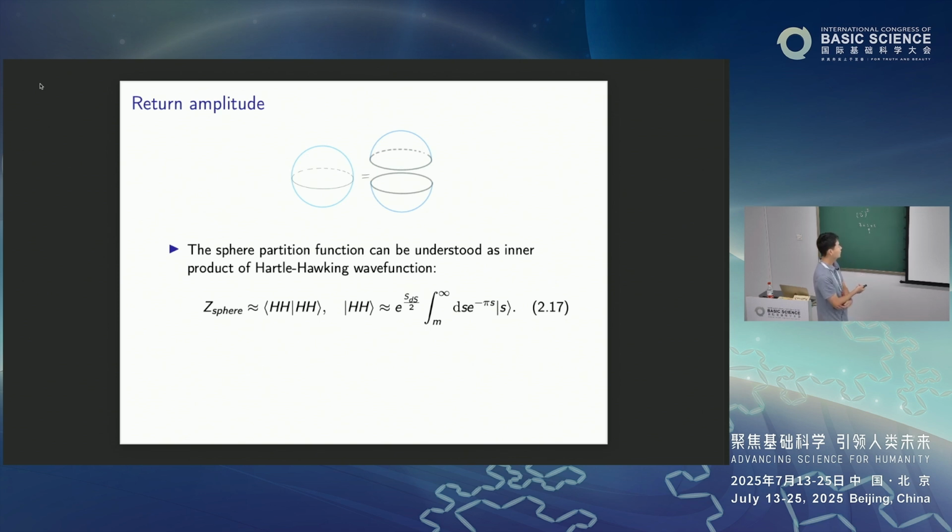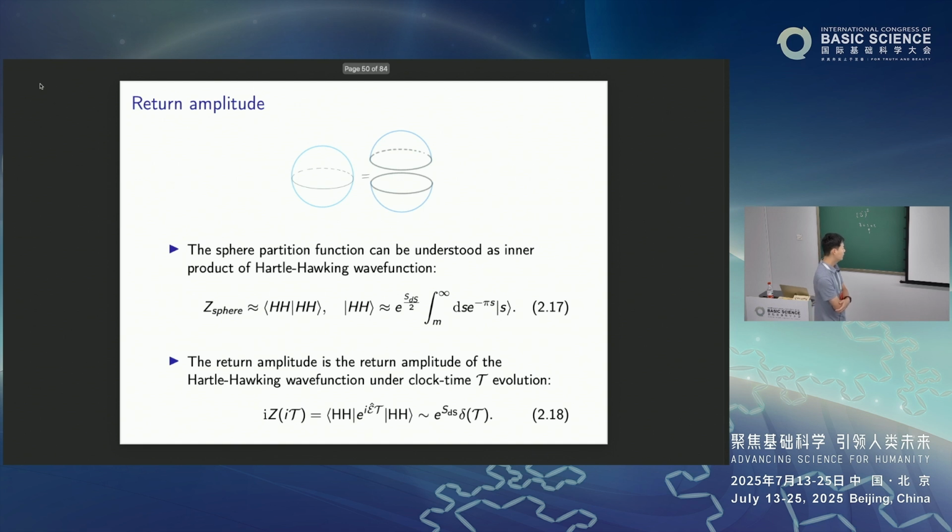For the observer model, we can view this function as the inner product of the two Hartle-Hawking wave functions, which we can expand in terms of the energy basis. And the return amplitude is nothing but just the return amplitude of the Hartle-Hawking wave function under the clock time t. And if you plug that in, you indeed find it's proportional to a delta function in the limit when the mass of the observer is heavy.